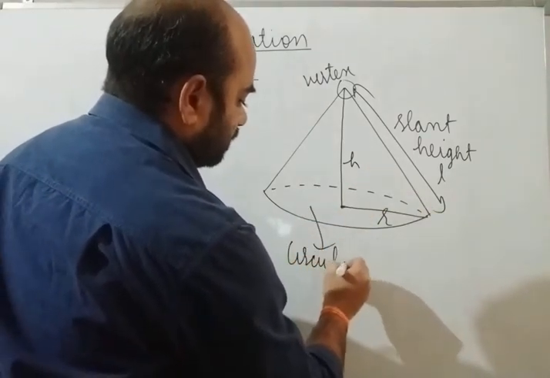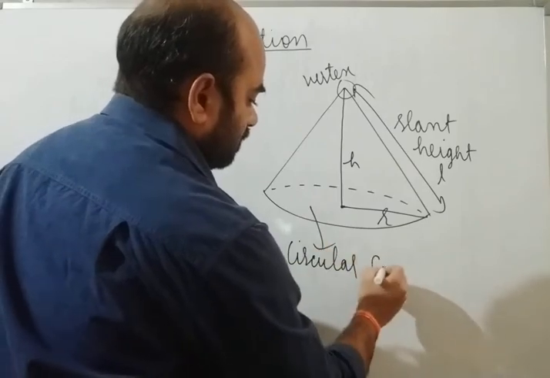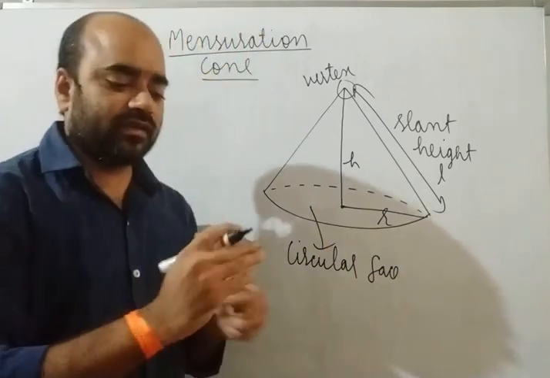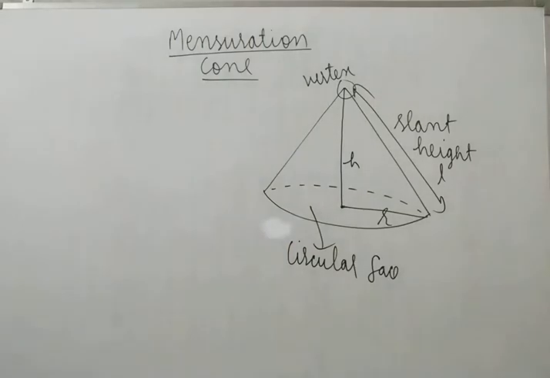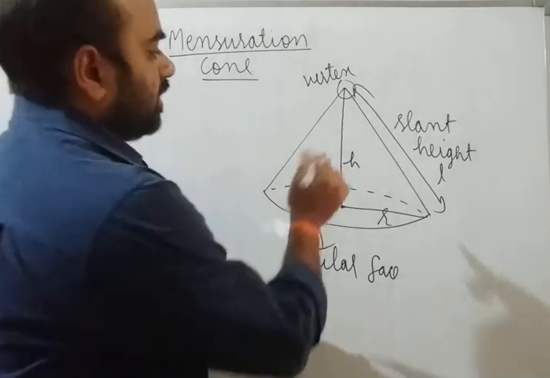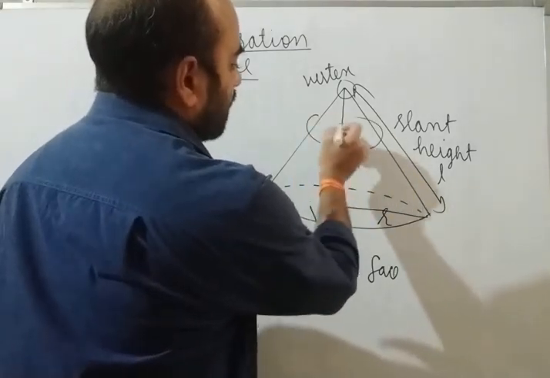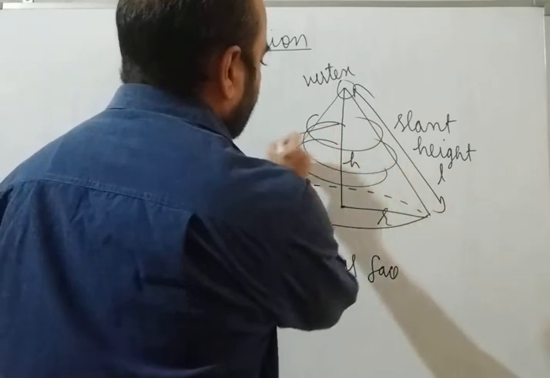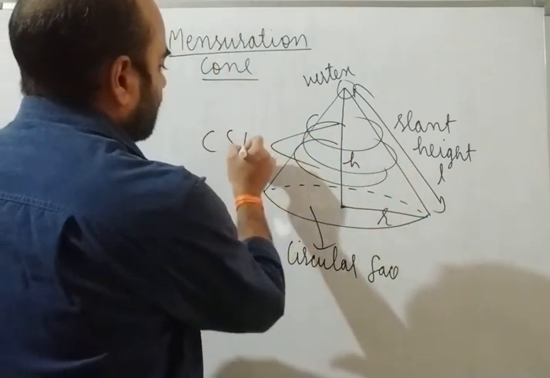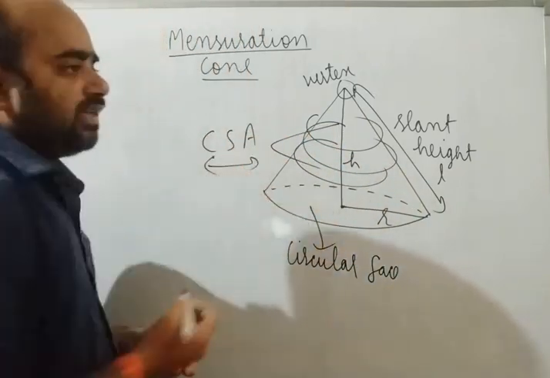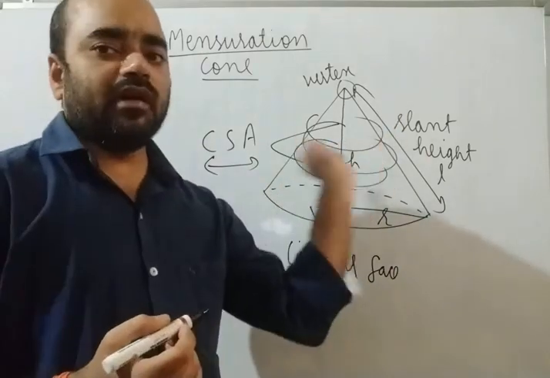Actually this is a flat surface, but this is circular. Next one is this face, that is the curved face, the curved surface or curved surface area.